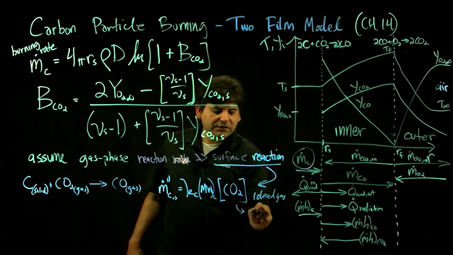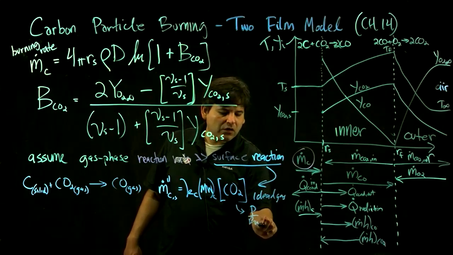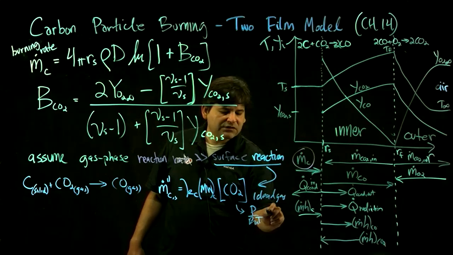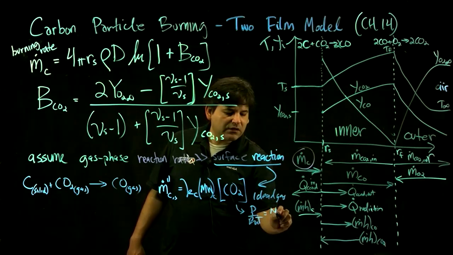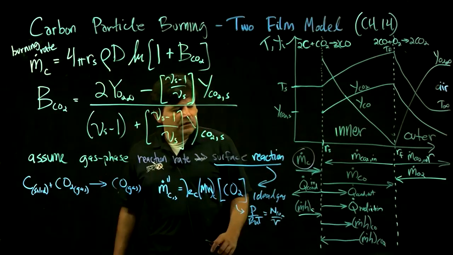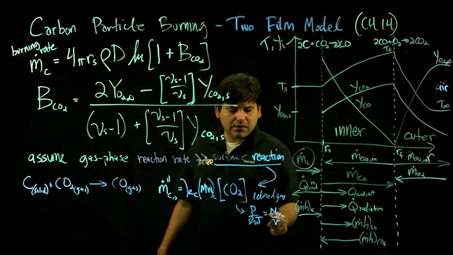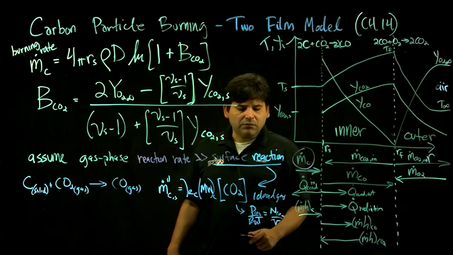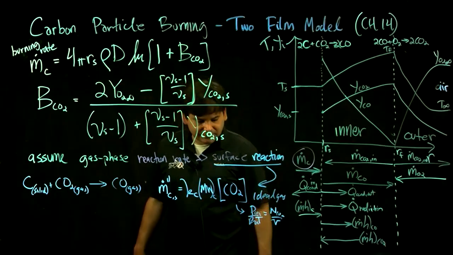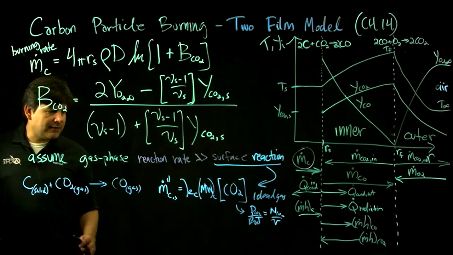This is P over R, the universal gas constant, times T, equals N CO2 over V, and the partial pressure.